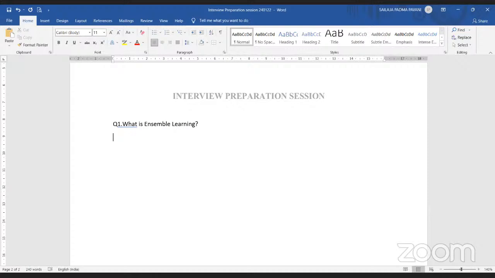Suppose you have some training data. The training data will be given to model A, model B, and model C. Then those models will do some predictions, right?